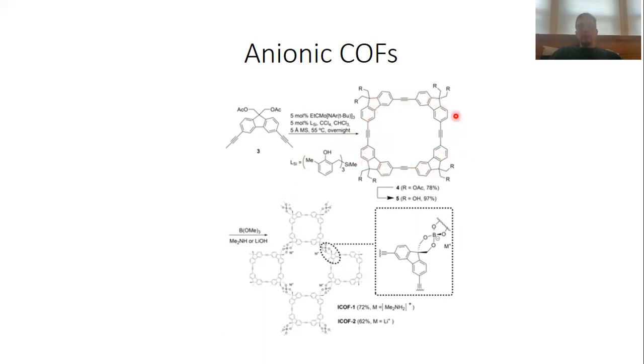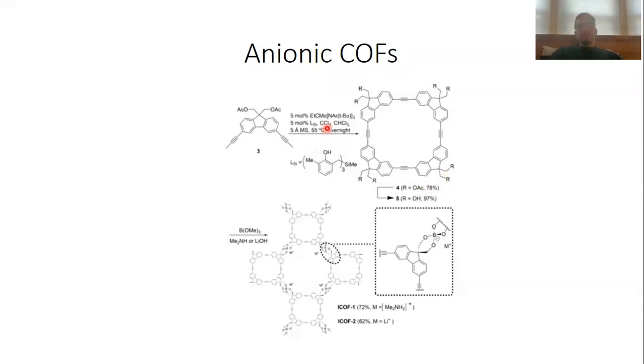You see an organic macrocycle, a rigid organic macrocycle, which forms from this ditopic alkyne through an alkyne metathesis reaction, okay, using an alkyne metathesis catalyst. And you get this square cycle here in pretty high yields.